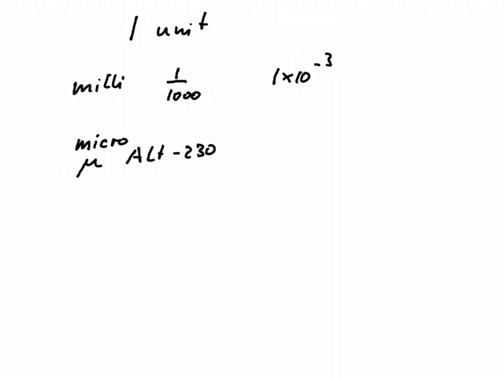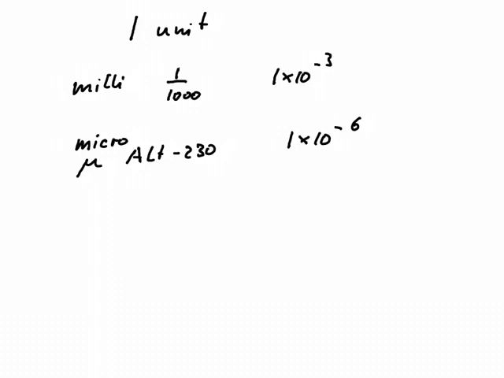That will give you the Greek letter mu on a Windows keyboard, and this is 1/1 million. We can write this as 1 times 10 to the power of negative 6. So a micrometer would be 1/1,000,000th of a meter.